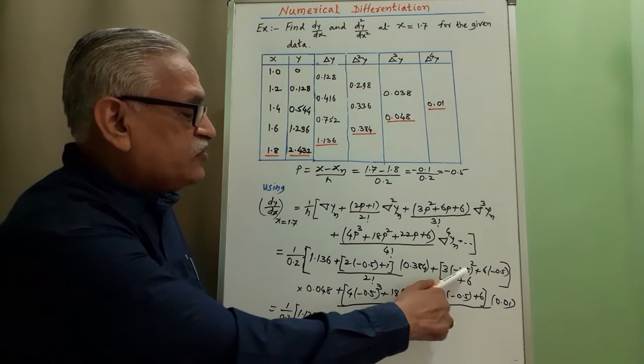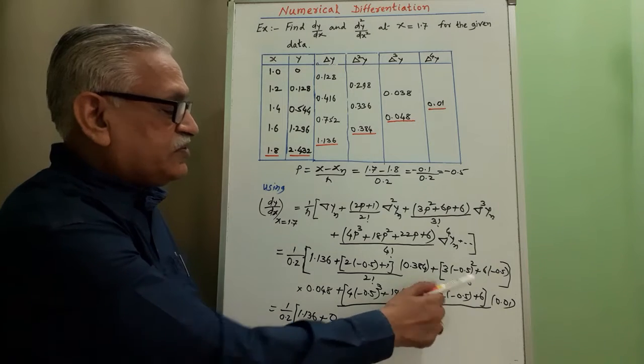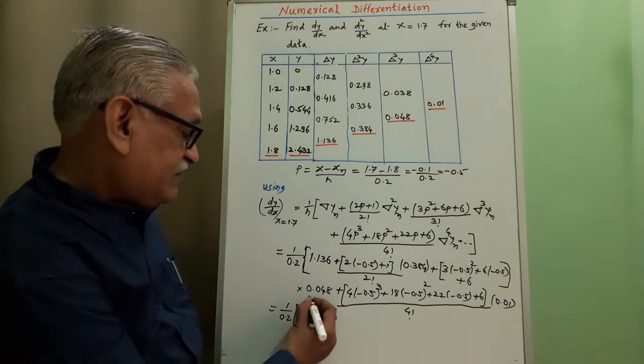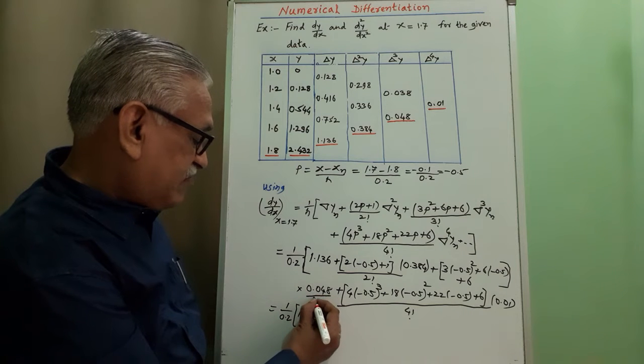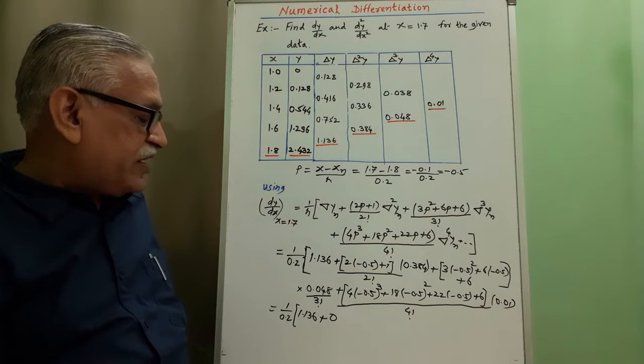Next, 3 into minus 0.5 square plus 6 into minus 0.5 plus 6, whole divided by 3 factorial, into 0.048.